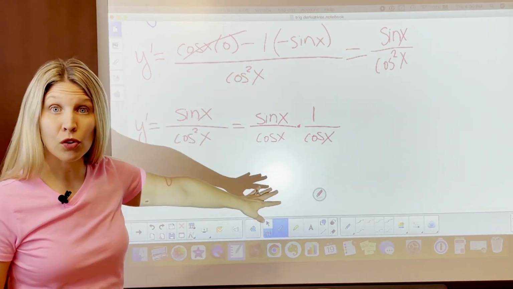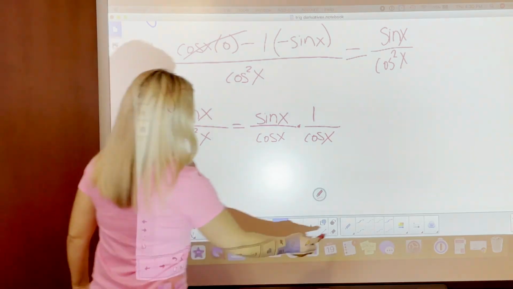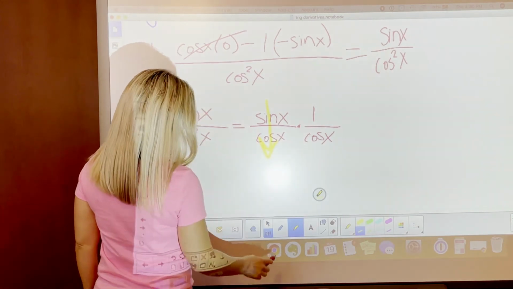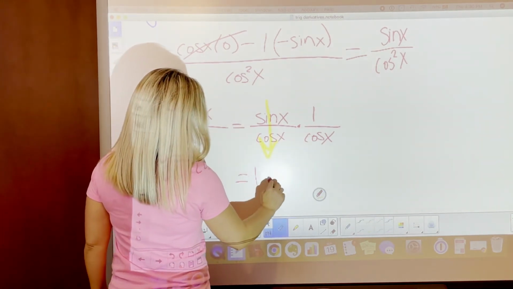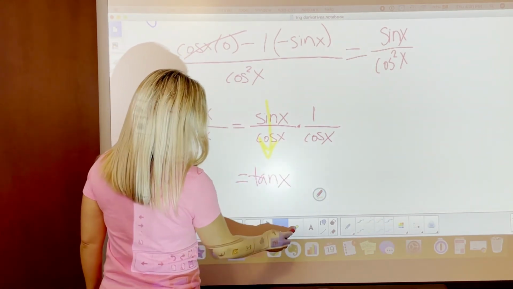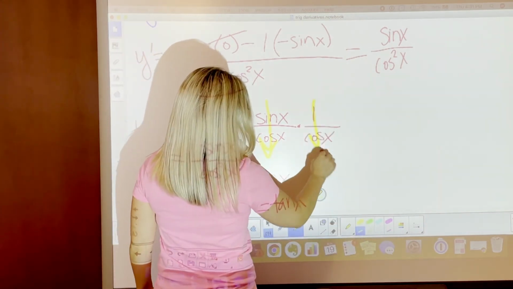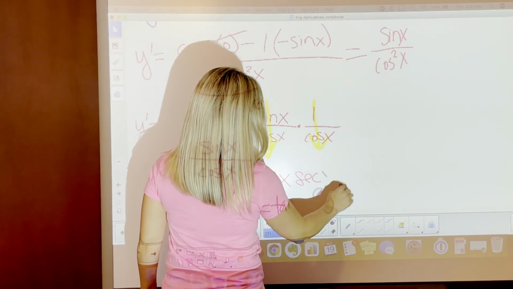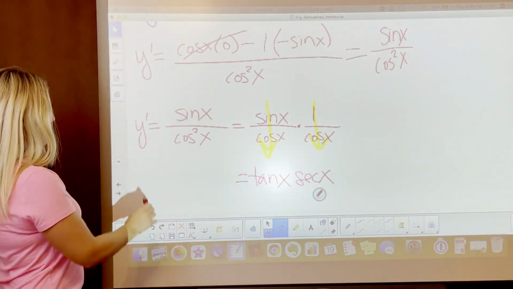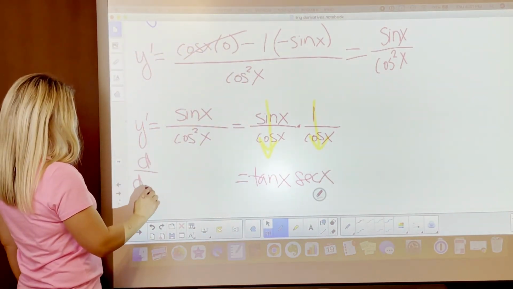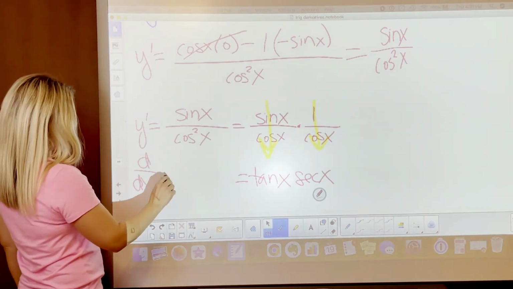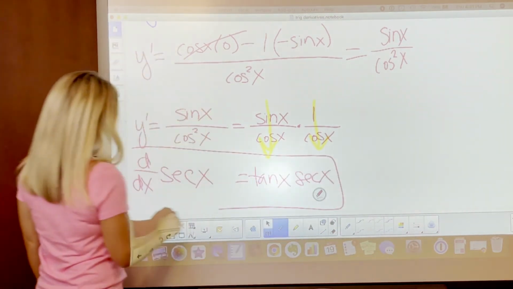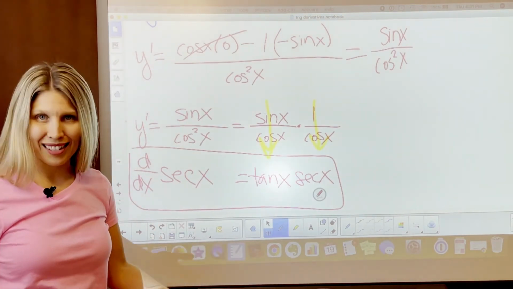What's sine x over cosine x? Yep, this guy is going to go to tangent, and this guy becomes secant x. So the derivative of secant x is tan x times secant x.